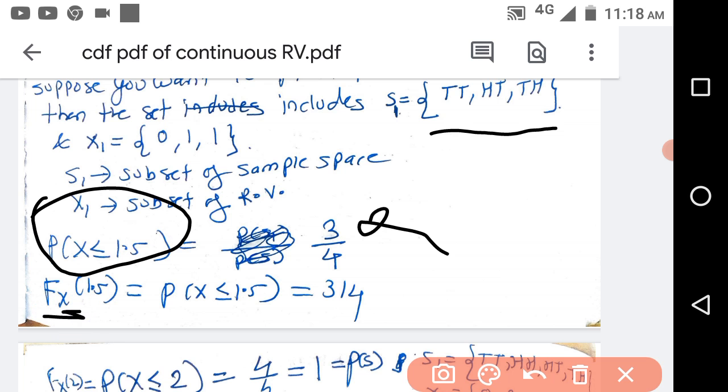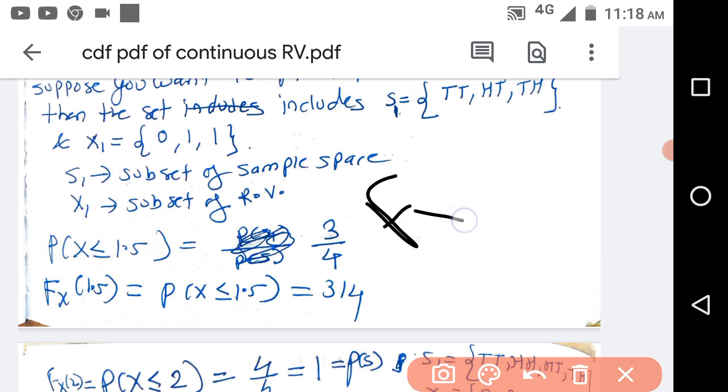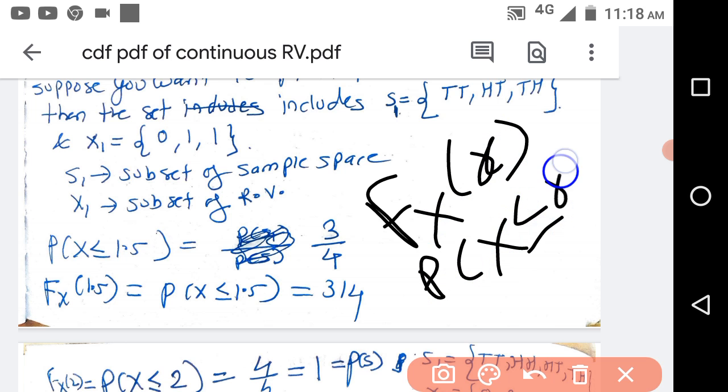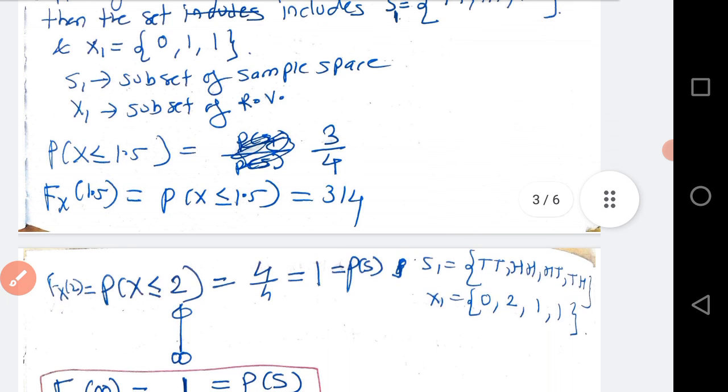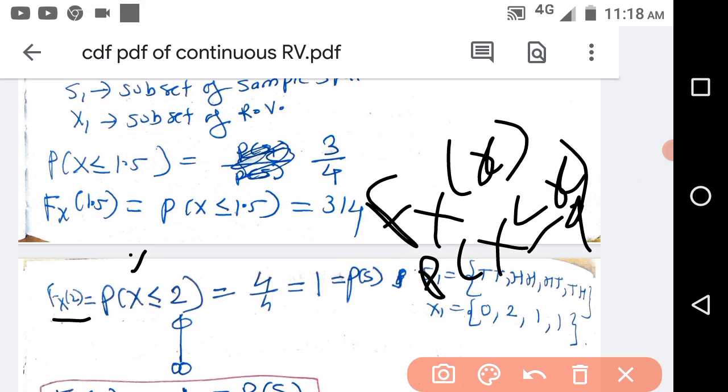We write F_X, and small x is 1.5, because your formula is F_X(x) is equal to probability X less than or equal to x. That's why we write it as F_X(1.5), which is 3 by 4.